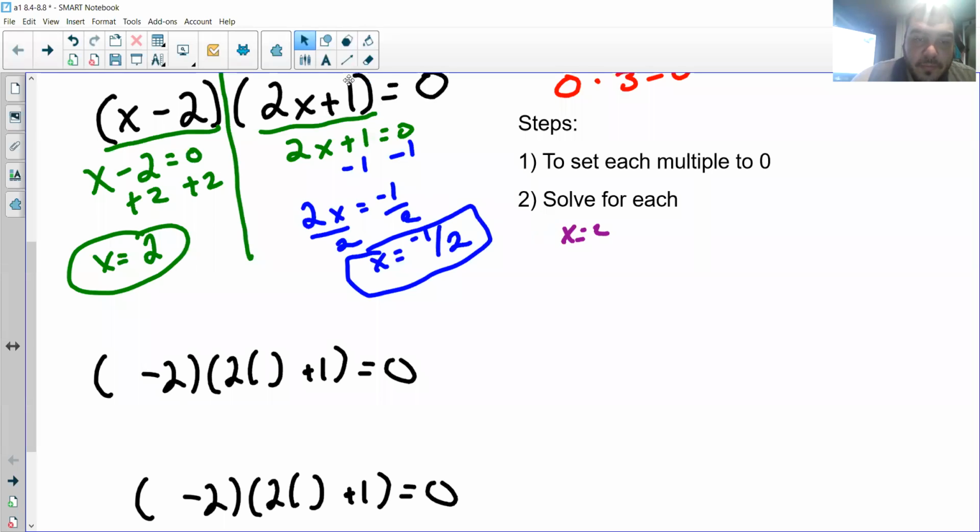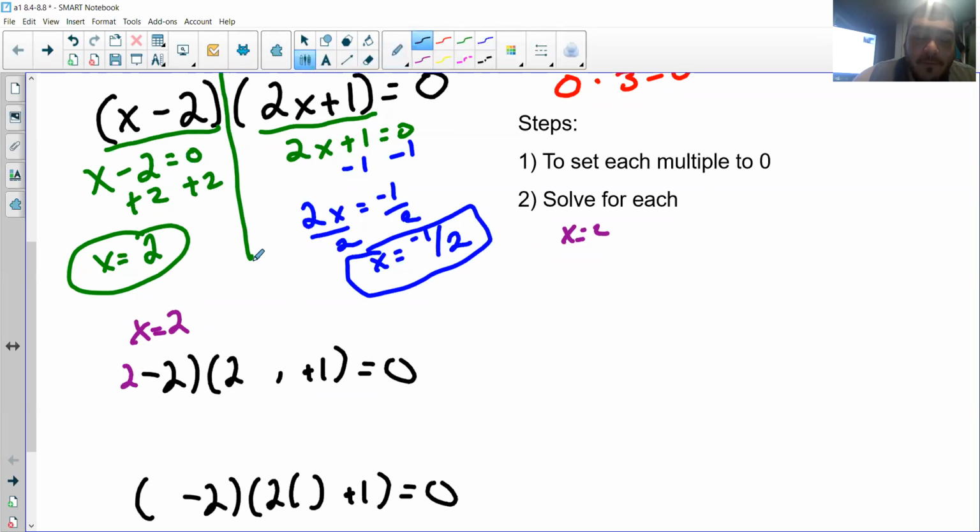So let's talk about the first one. Let's plug in x equals negative 2. So negative 2 would be for this x, and negative 2 for this x. I'm sorry, it was a positive 2. Oopsies, x equals positive 2.